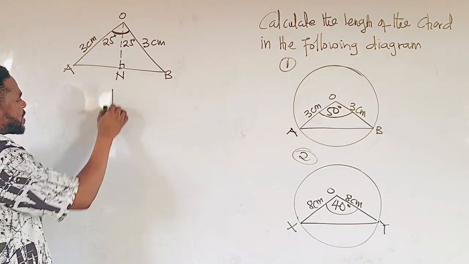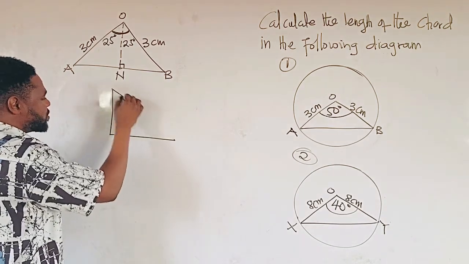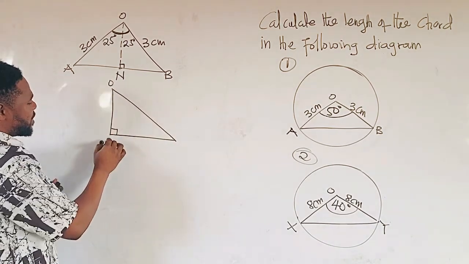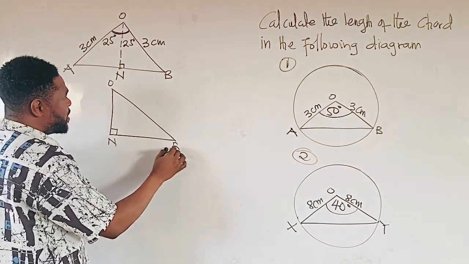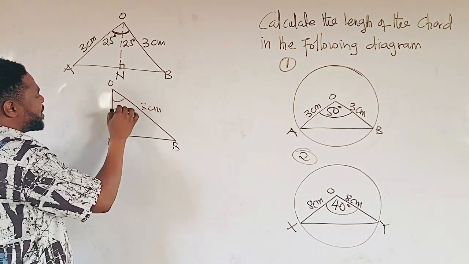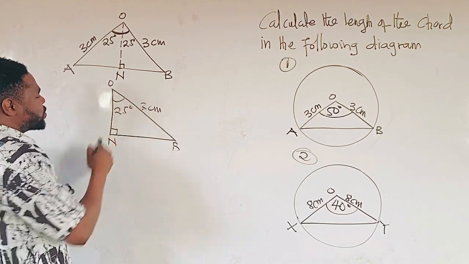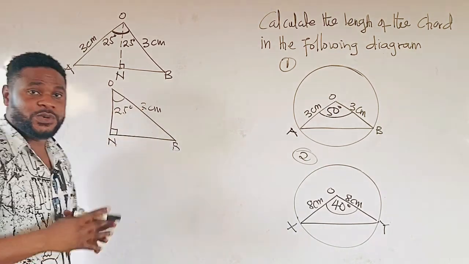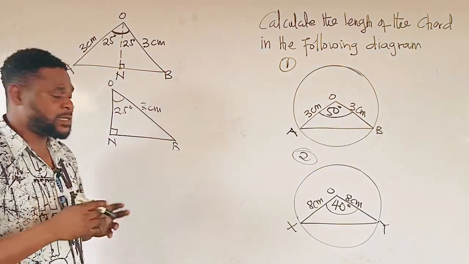So let us pick one of the triangles and find its distance. So we have O here, N here, B here. We have 3 centimeters. The angle here is 25, so we look for NB. Viewers, we are going to use our trig ratio to do that.